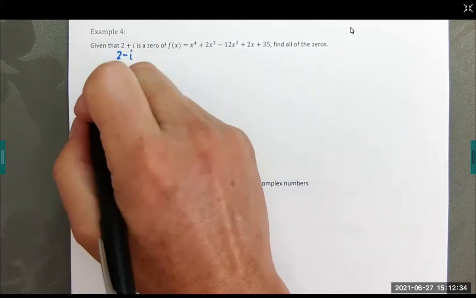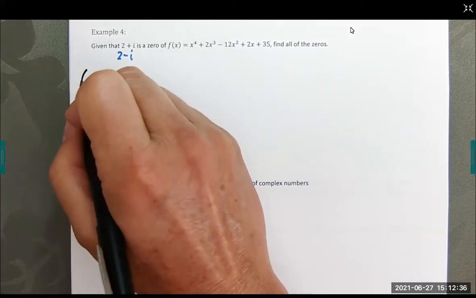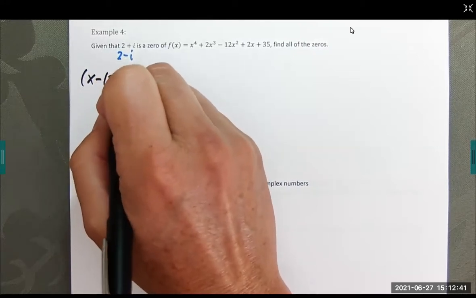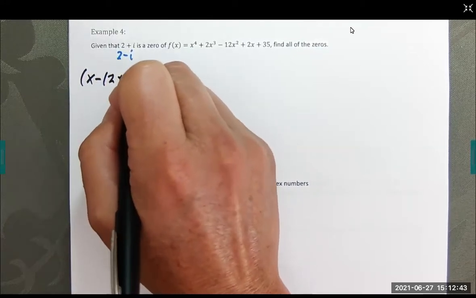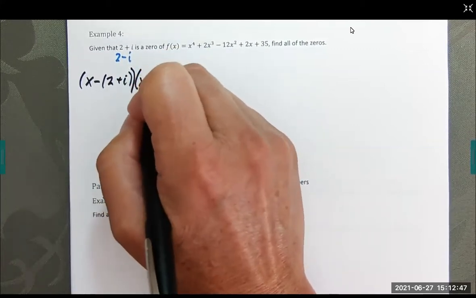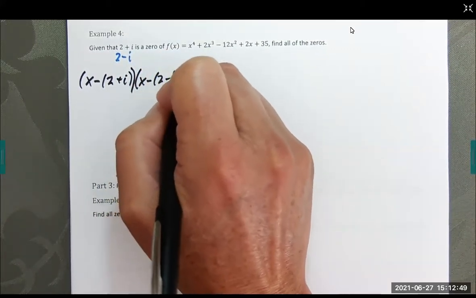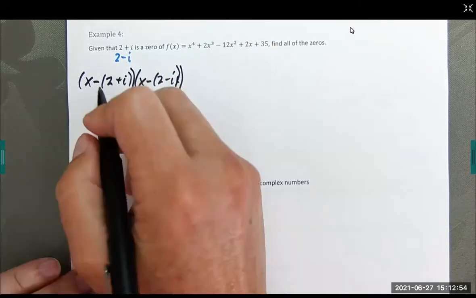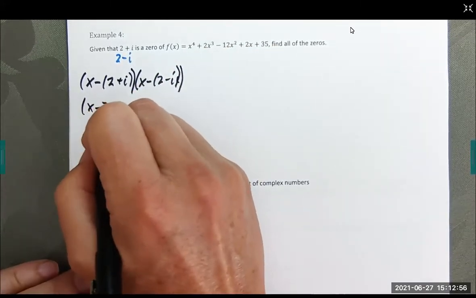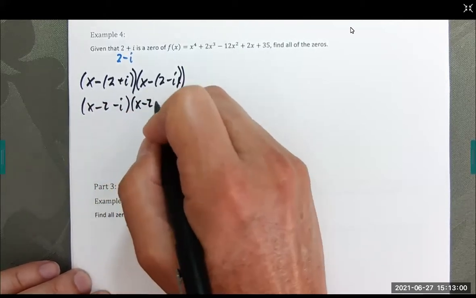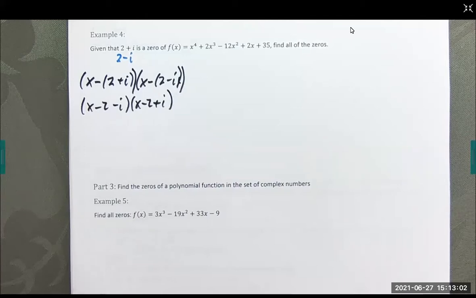So this means that we know that x minus 2 plus i is a factor, and x minus 2 minus i is a factor. And I'm going to rearrange this a little bit. So this is x minus 2 minus i, and x minus 2 plus i. And I want to point out that I'm going to be using difference of squares.